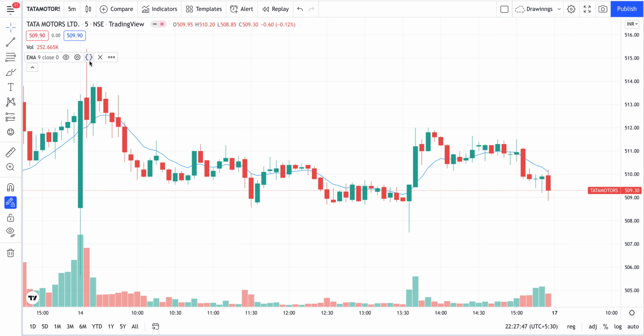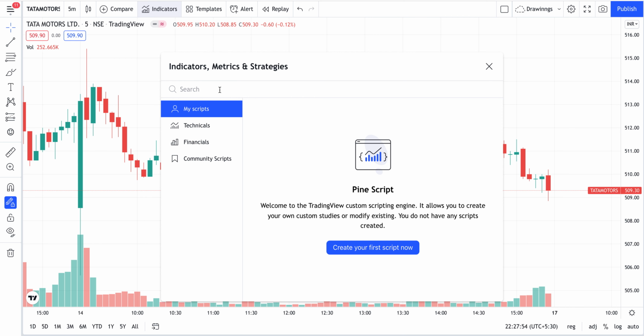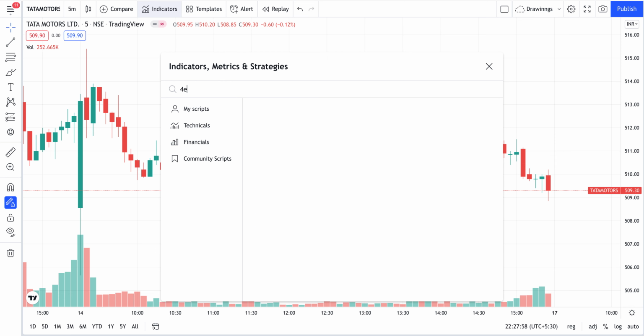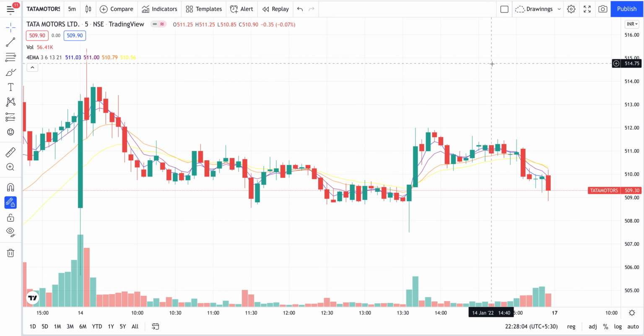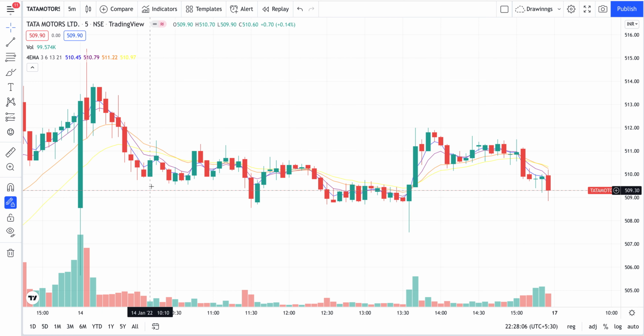So we are going to remove this one, and add an indicator from the indicators tab. We are going to add 4 EMA. So 4 EMA appear. See, we can see 4 different indicators.